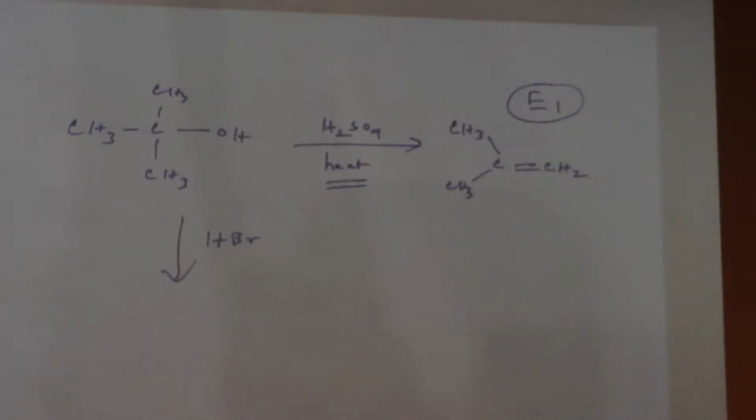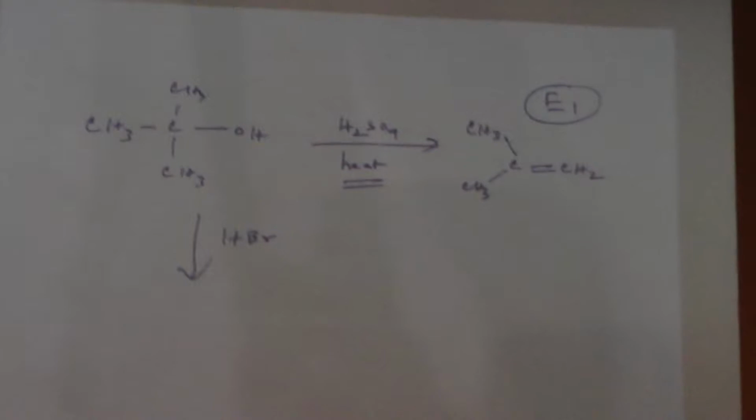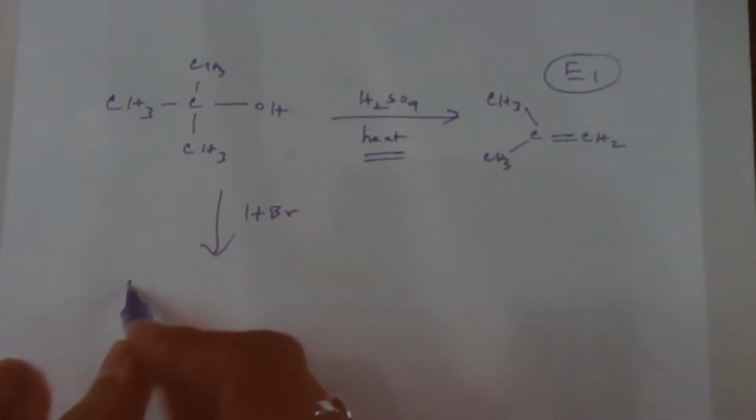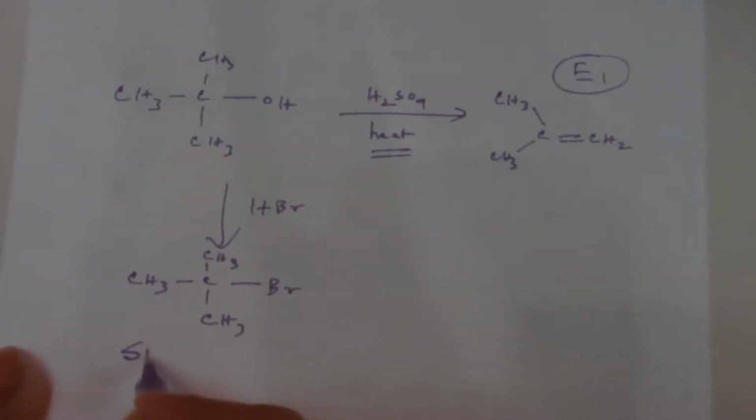HBr is also a strong acid, except that at the same time it generates Br minus, which is a good nucleophile. Therefore, the ability of this reaction to go through the SN pathway will generate a completely different product. So this is an example of an SN1 process, even though it started with the same reagent.